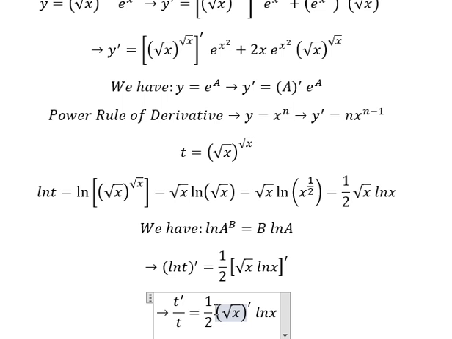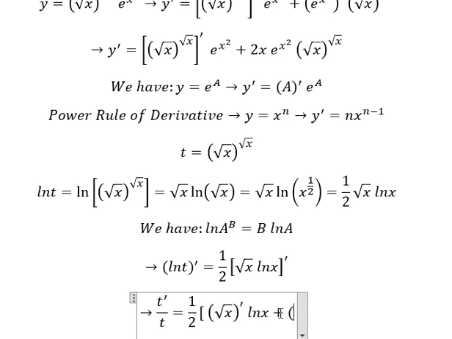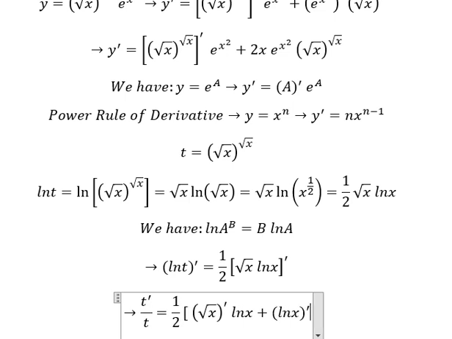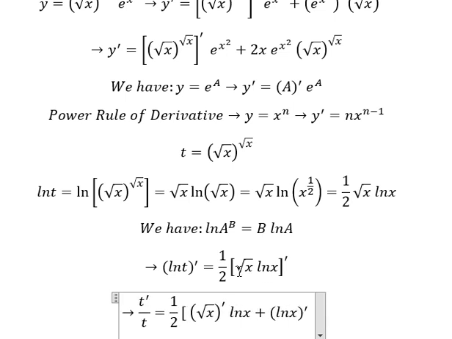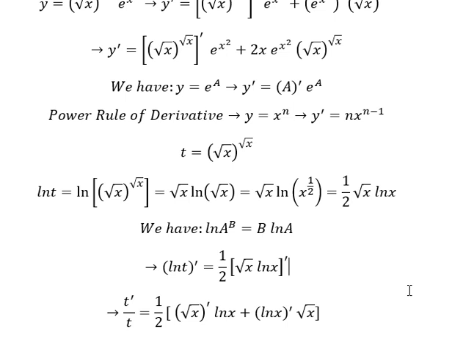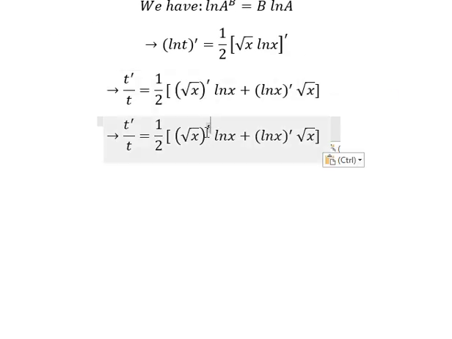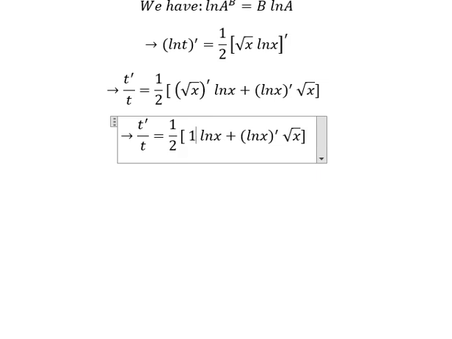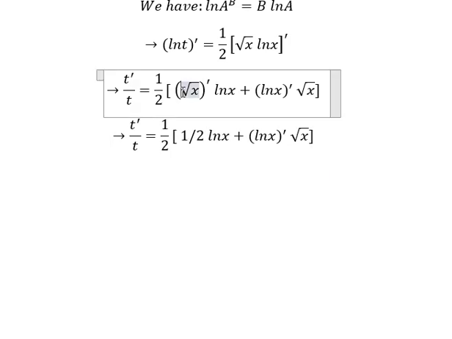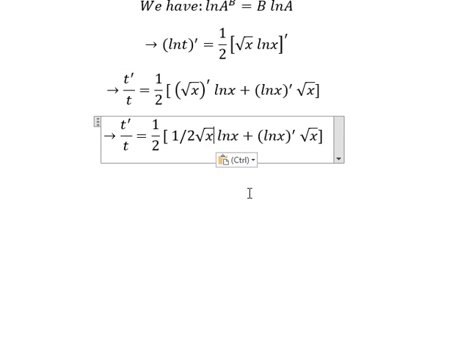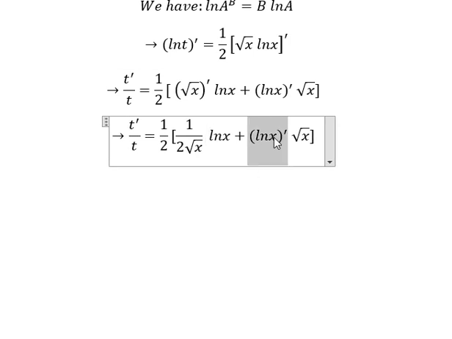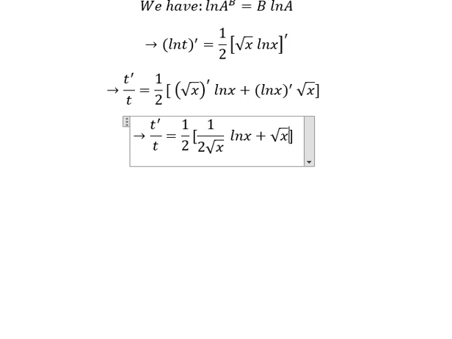Later that, we need to do first derivative of f of s multiplied by the square root of s. So this one, that is about 1 over 2 with the square root of s. This one, that is about 1 over s.